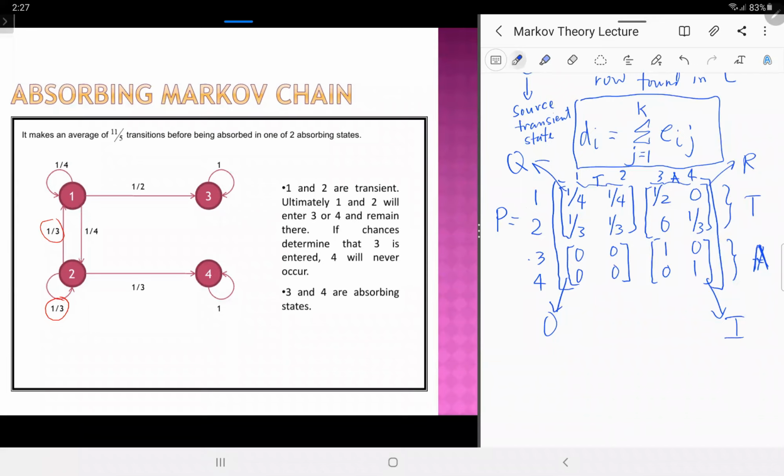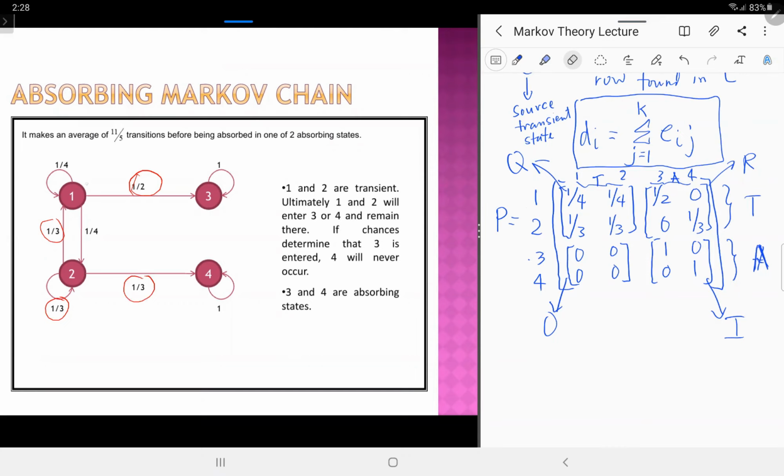So the transition can be between 1 and 2 several times before eventually, because there's a probability of moving from 1 to 3, which is 1/2, and from 2 to 4, which is 1/3.